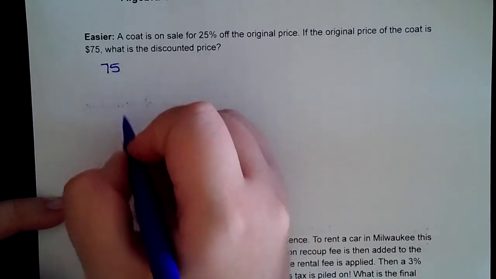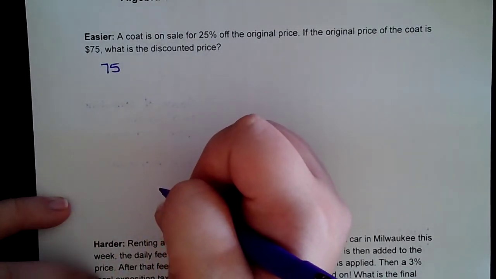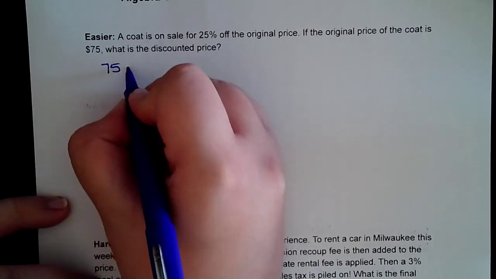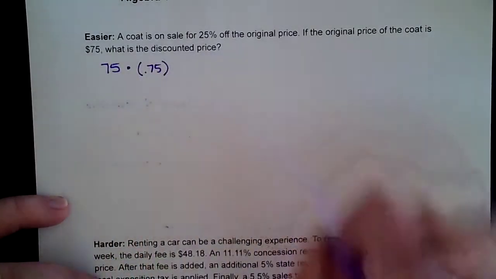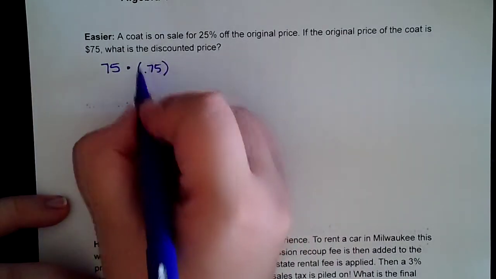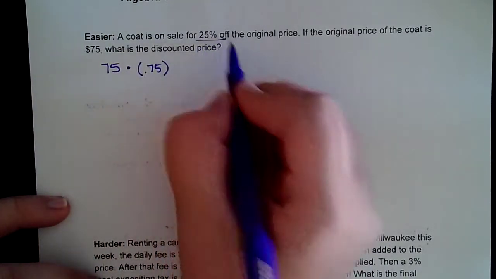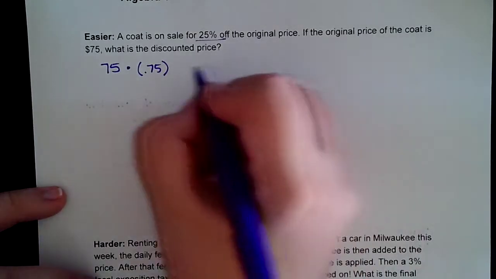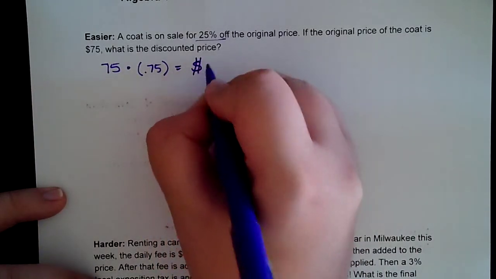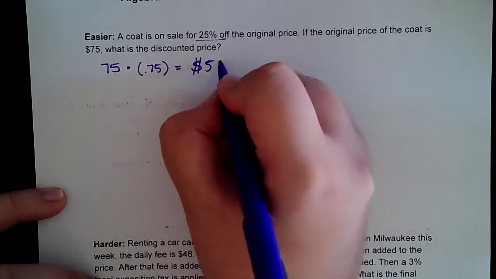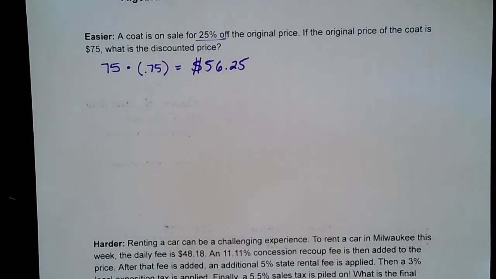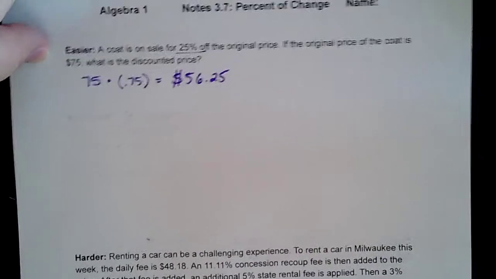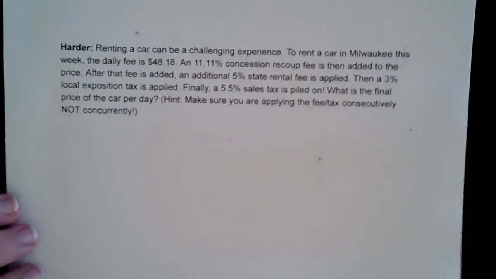So I could say what is 75% of 75, or 75 times 0.75. This says what is the portion I'm paying, not what is the portion I got off. If I calculate that, I see that I'm paying approximately $56.25. Not too bad, just a little bit of math gymnastics. But let's look at this next one.